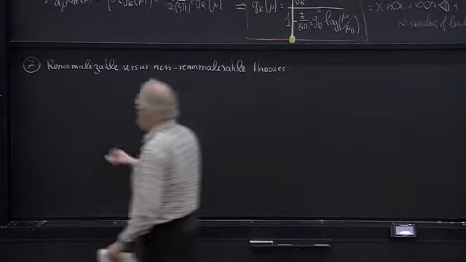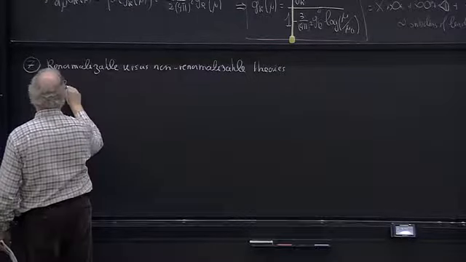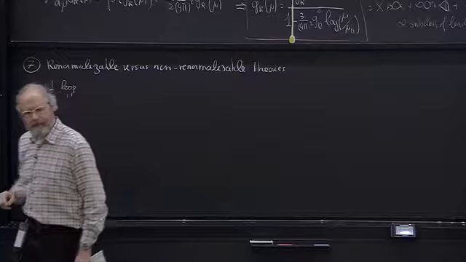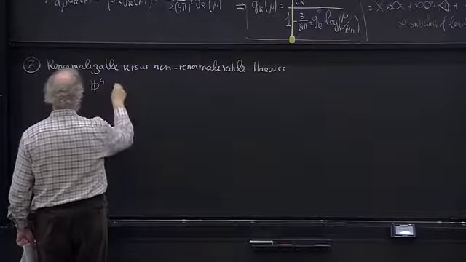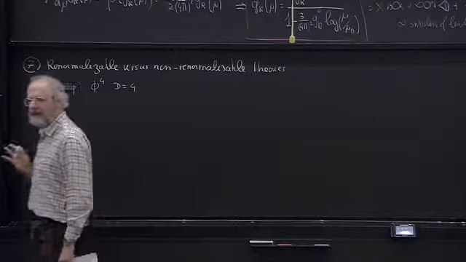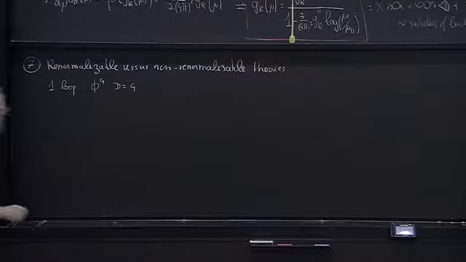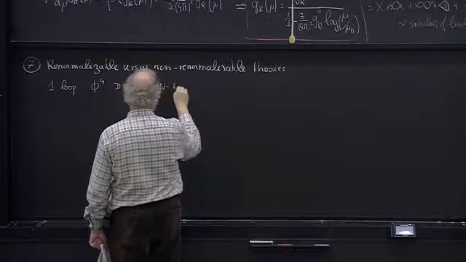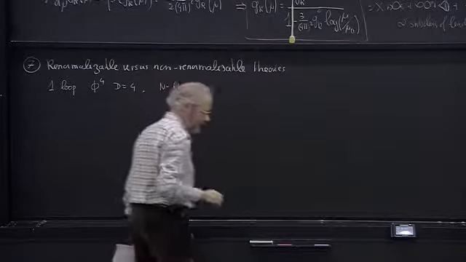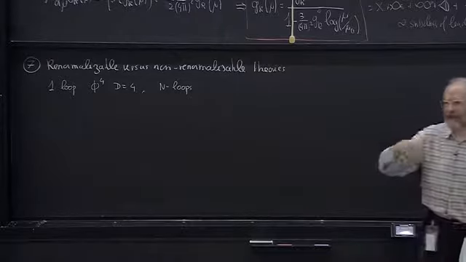I treated the case of one loop. Okay. We have seen that phi 4 in D equal 4 can be renormalized. And of course, the question is what happens for n loops, general n. So is it possible to extend this framework?